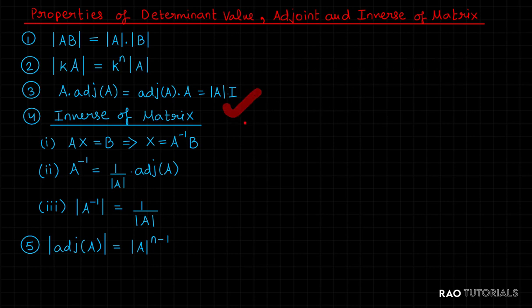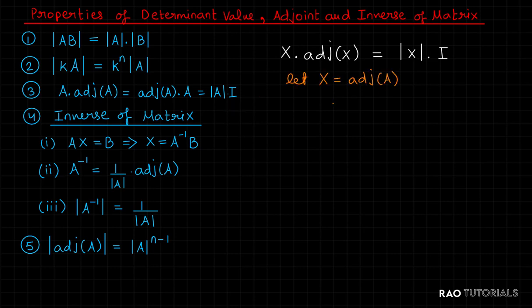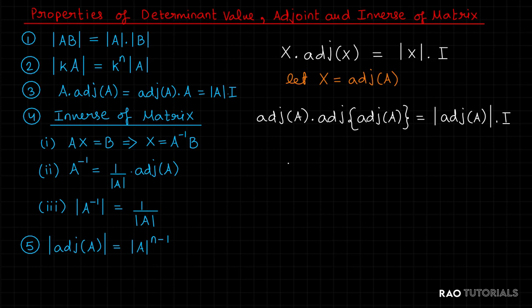Again from third relation, we have x into adjoint of x equals determinant x into identity. Putting x equals adjoint of A, we get... pre-multiply A on both sides. In the left hand side, this product A into adjoint A gives determinant A into identity.